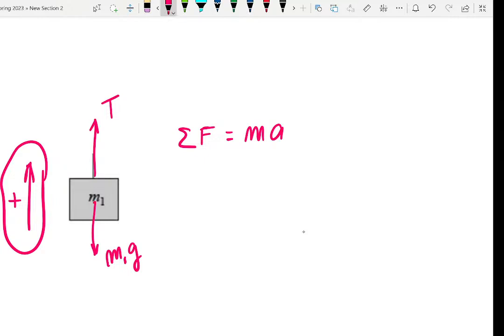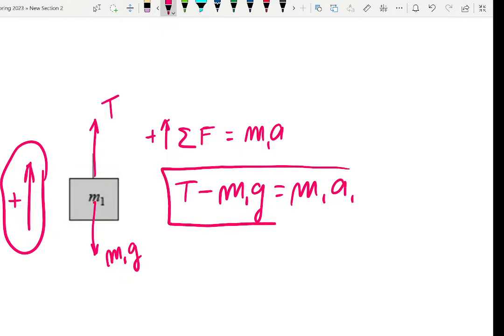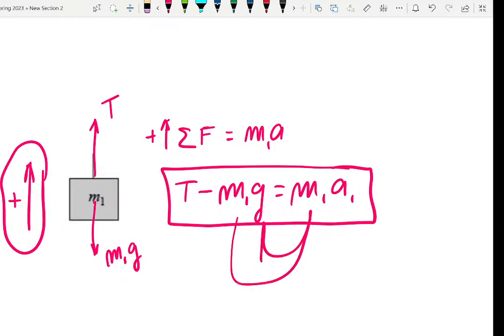If you look at this being positive, you'll see a T, because it's going in that direction, minus an M1G is equal to M1 times acceleration. I'll call it a1, because there'll be accelerations of both blocks. And you're kind of done right now. If he had given you the M1, you could put that number in, and the G, but for right now, you're sort of done there.